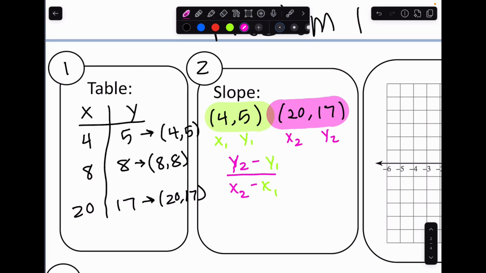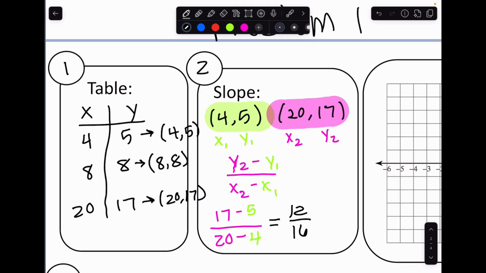So when we substitute, we get 17 minus 5 over 20 minus 4. Okay, now we just have to simplify. 17 minus 5 is 12. 20 minus 4 is 16.